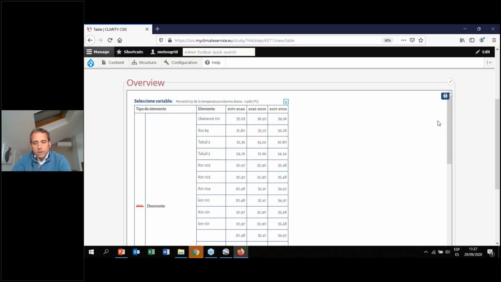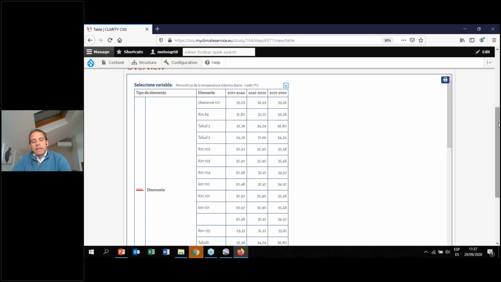For each identified point in the map, the system goes to the base data and comes with the data for the specific temperature in that point, in that kilometer, for the different period scenarios from 2040 to 2070 and the year 2100.